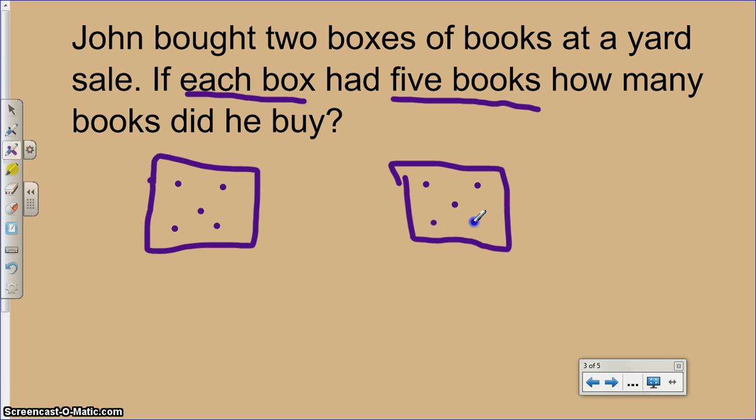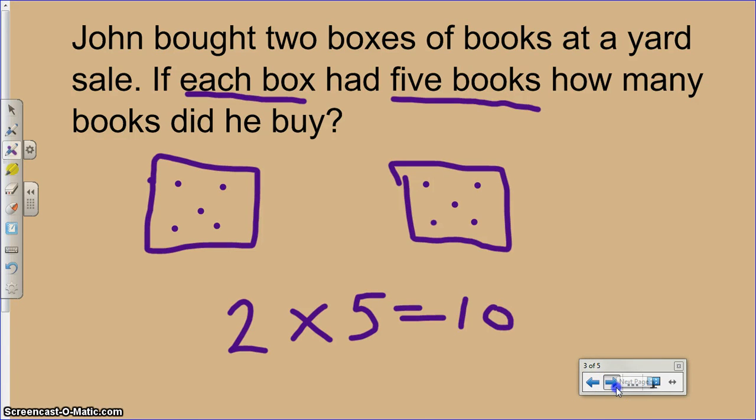So in essence, I made 2 groups of 5, 2 equal groups of 5, or 2 boxes times 5 books in each box. So 2 times 5, and I can count them, that's going to give me 10. Again, this doesn't say the actual words equal groups, but I can see how these boxes contain equal groups because each of them has 5 books.